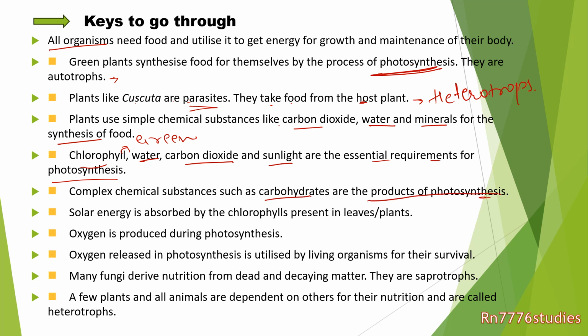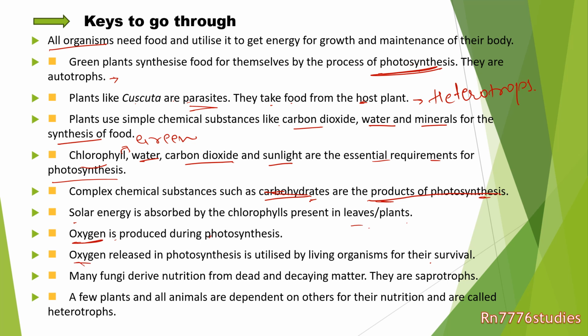Solar energy is absorbed by the chlorophyll present in the leaves of plants. Oxygen is produced during photosynthesis. So what is produced? Oxygen. And what is the product? Carbohydrates. Oxygen released in photosynthesis is utilized by living organisms for their survival. Yes, we all survive because of oxygen.